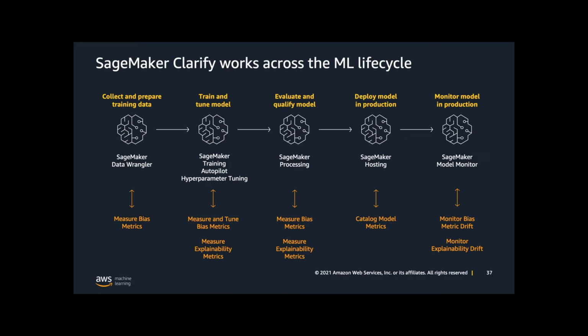And you also get explanations for individual inferences made by your deployed model. So it provides a full picture of the entire process and is integrated with different SageMaker features and services, right? So Data Wrangler, Autopilot, processing, hosting, and SageMaker Model Monitor.